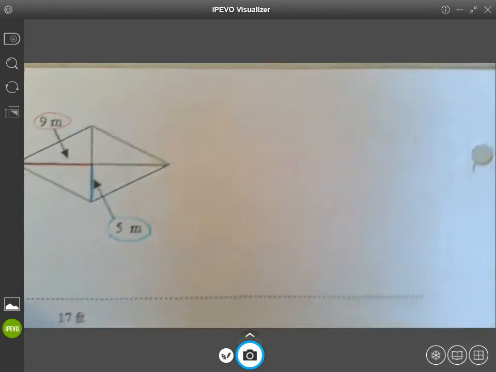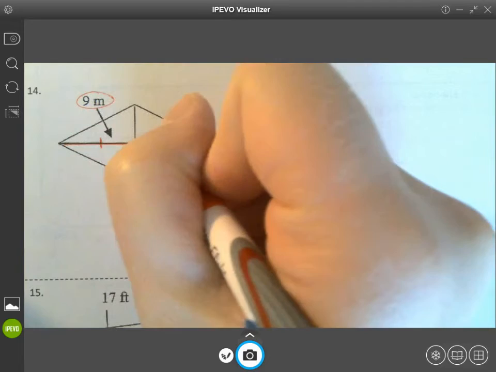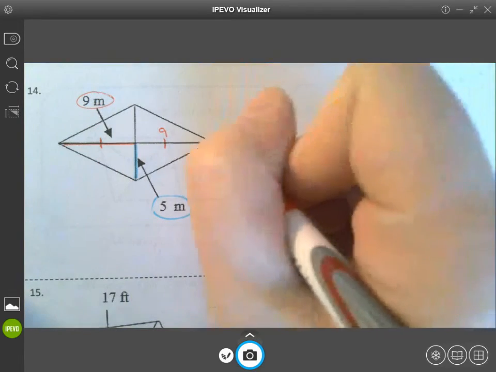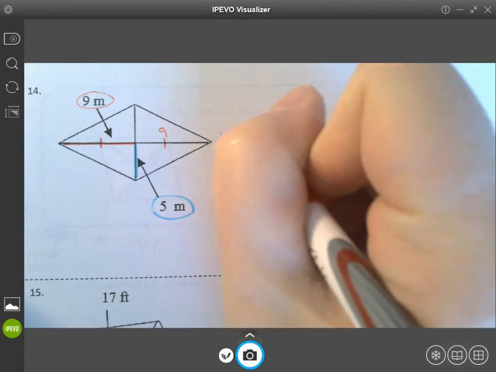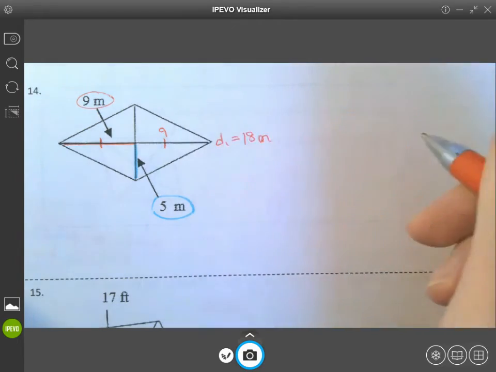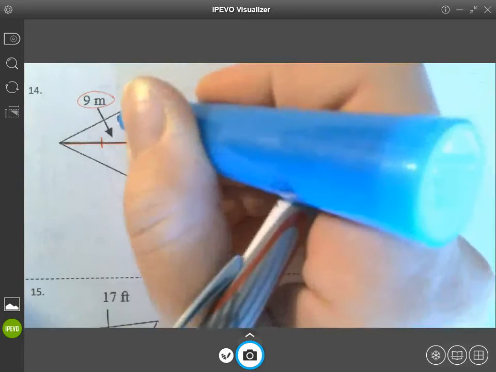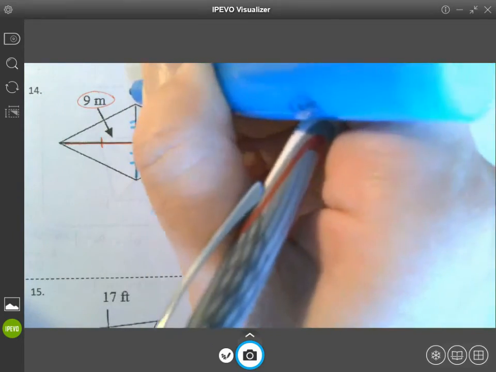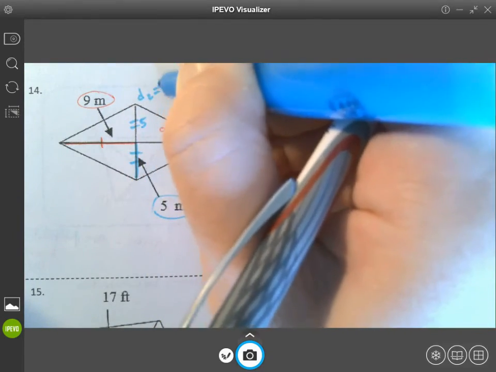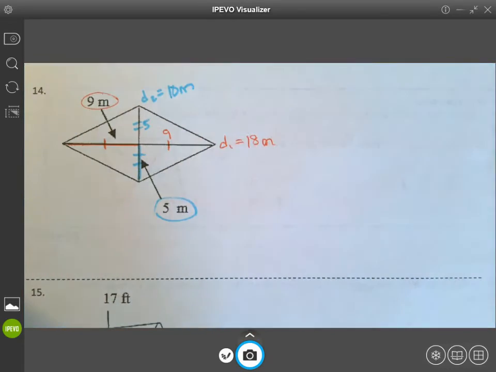All right, can I flip it back over? Okay, so if this is 9, guess what this is? 9. So diagonal 1 is 18 meters. If this piece is 5, this piece is also 5. So diagonal 2 is 10 meters. See how simple that was?